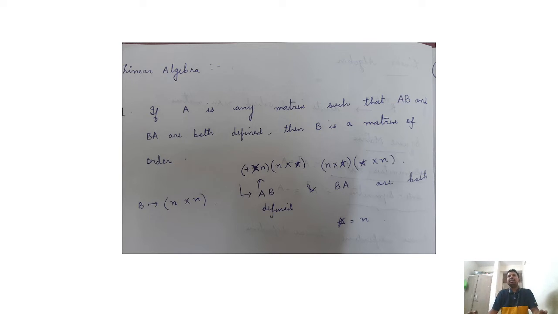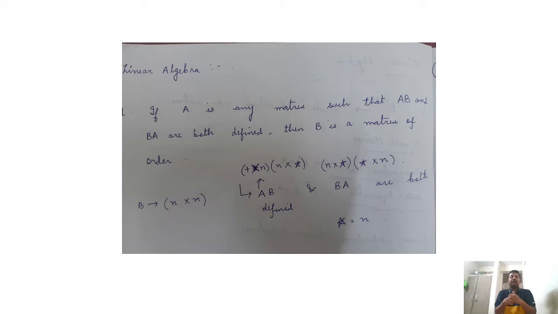We all know that for every pair of matrices, multiplication is not possible. Multiplication between two matrices is only possible if the number of columns of the first matrix is the same as the number of rows of the second matrix.